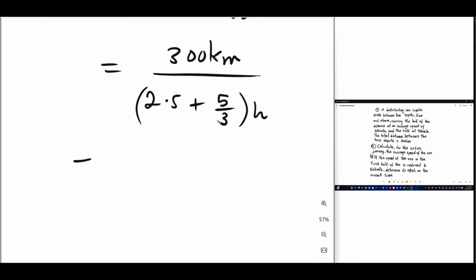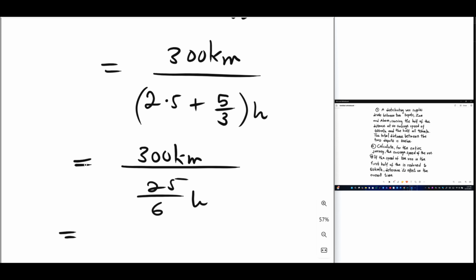So you just need to work on the denominator. 2.5 plus 5 divided by 3, we are going to get 25 divided by 6. So we have 300 kilometers divided by 25 divided by 6 hours.